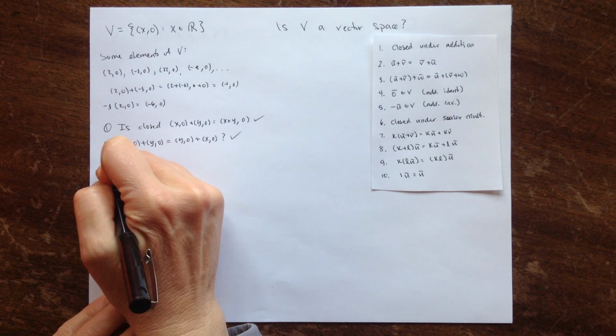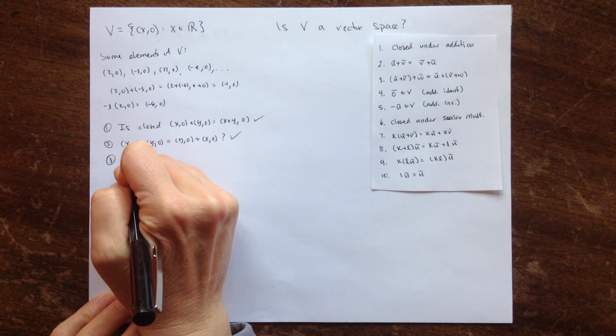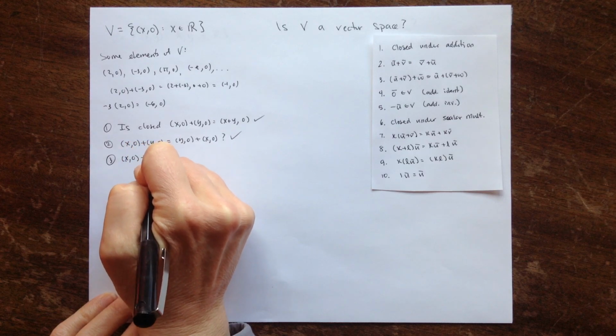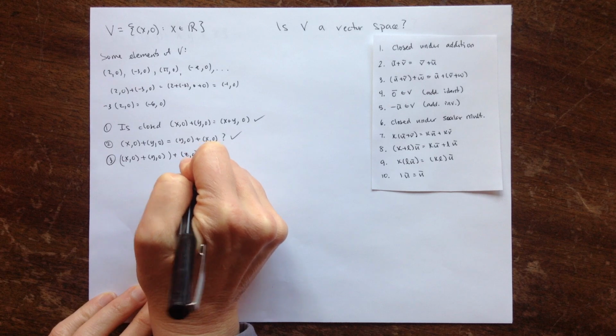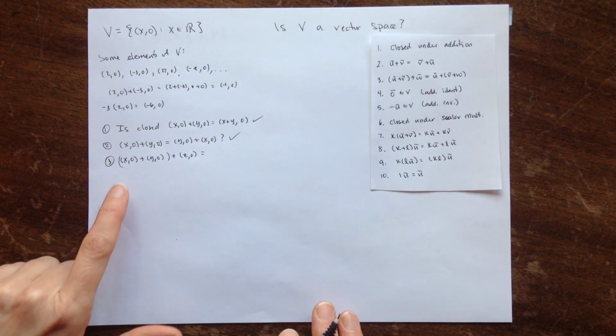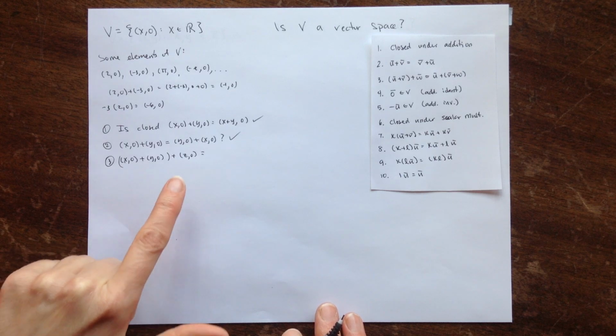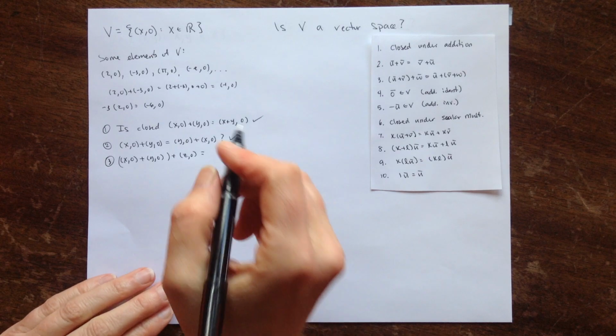Axiom 3 is also satisfied. If you were to add x, 0 plus y, 0, and then add to that another vector, say z, 0, you'd get x plus y, and then plus z, and since the real numbers are associative, this is going to inherit this associativity.